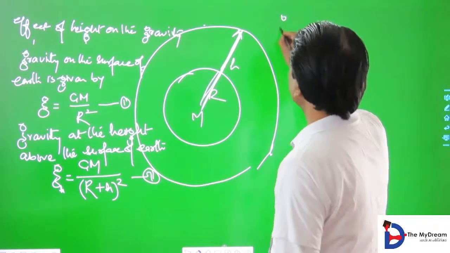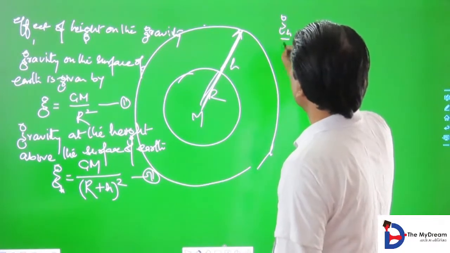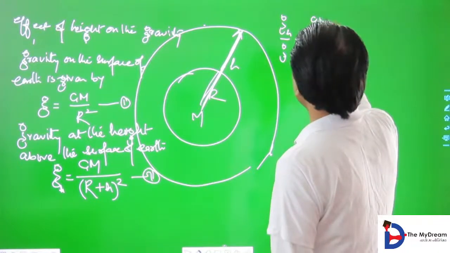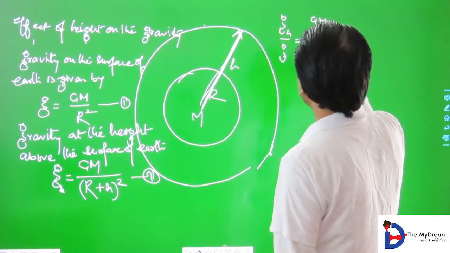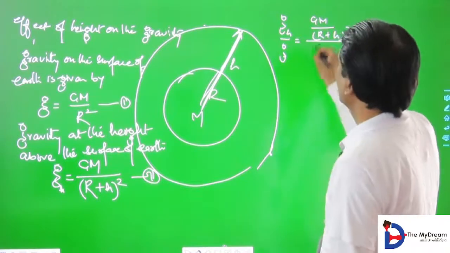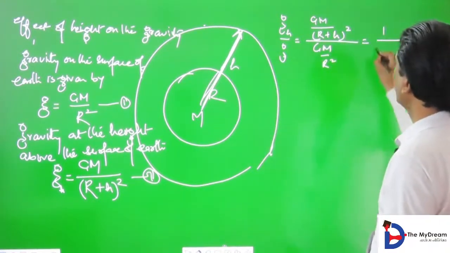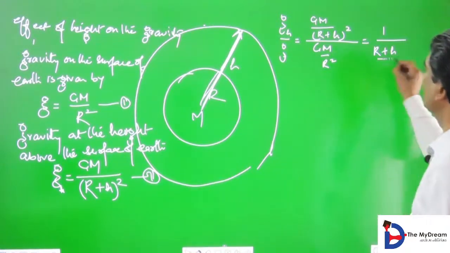So g h upon g, gm by r plus h whole square, gm by r square, which can be written down r plus h.